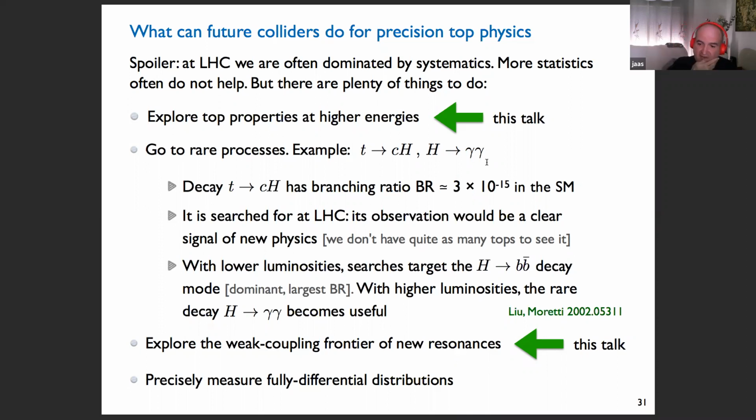There are also a couple of other things that you can do. You can explore the weak coupling regime of new resonances. I will show a few examples. And you can also measure precisely fully differential distributions.